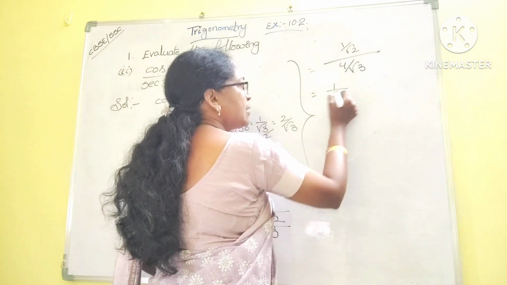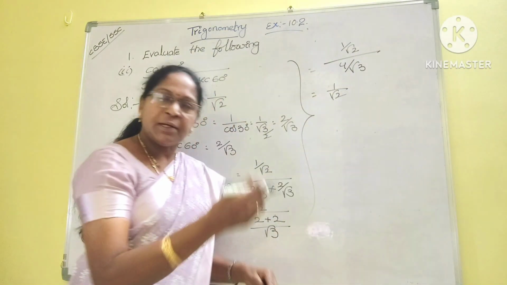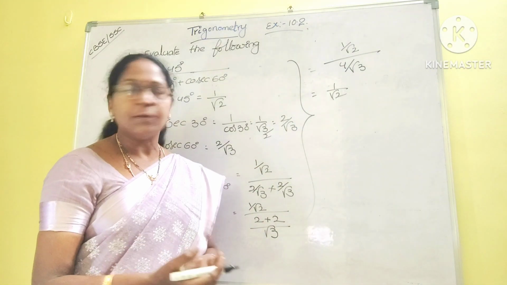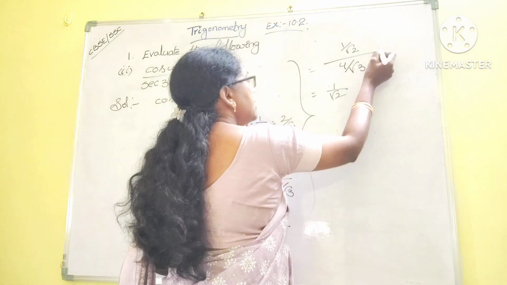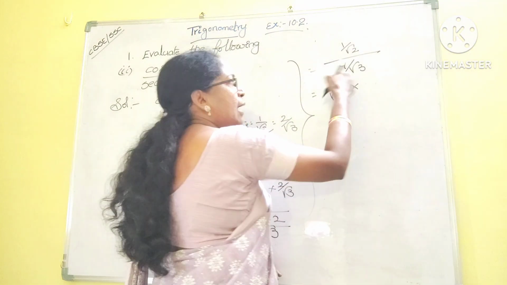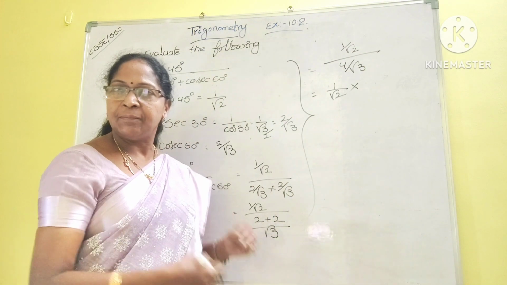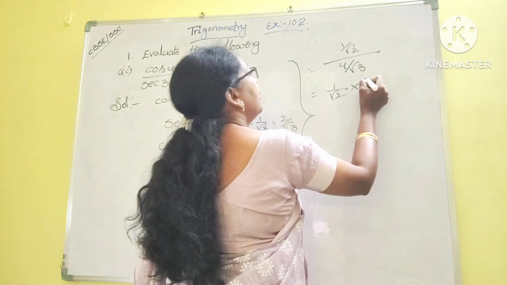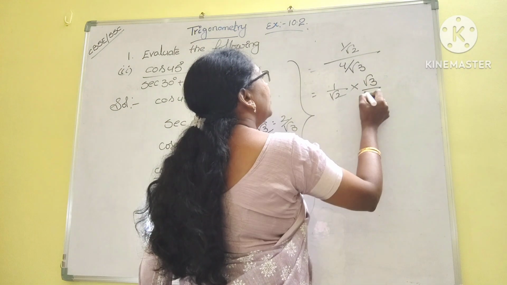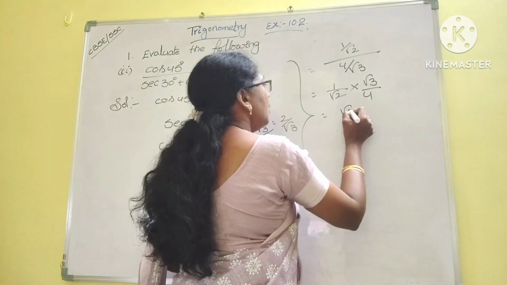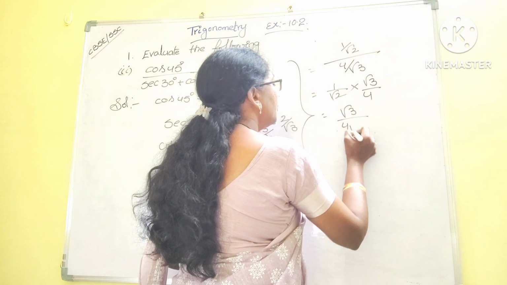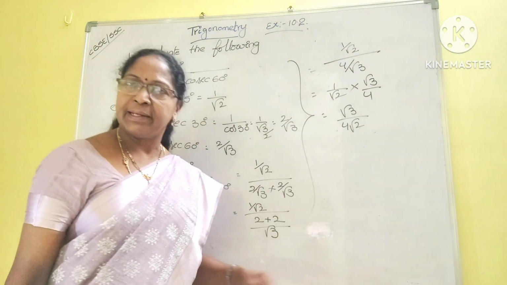First write down the numerator fraction. Next, the denominator fraction will become the multiplicative reciprocal. So this division will become multiplication and the denominator fraction will become its reciprocal. Now root 3 divided by 4 equals root 3 divided by 4 root 2. This is the final answer.